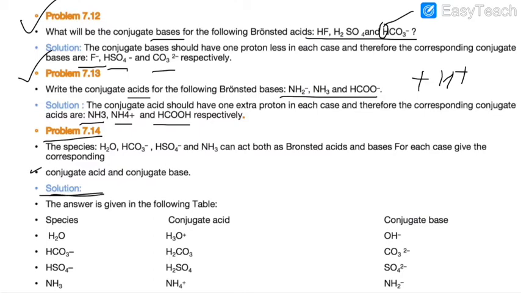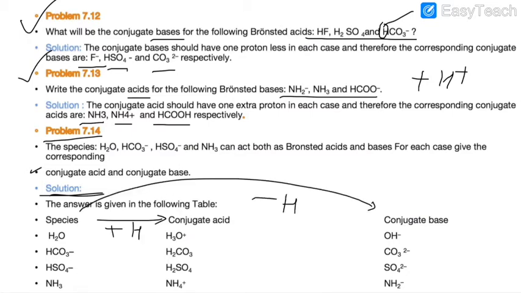Whatever species is given to us, we just have to add a proton to get the conjugate acid, and we will remove one proton to get the conjugate base. So the answer is given here. From H2O, the conjugate acid will be H3O plus and the conjugate base will be OH minus. We will balance the charge accordingly.